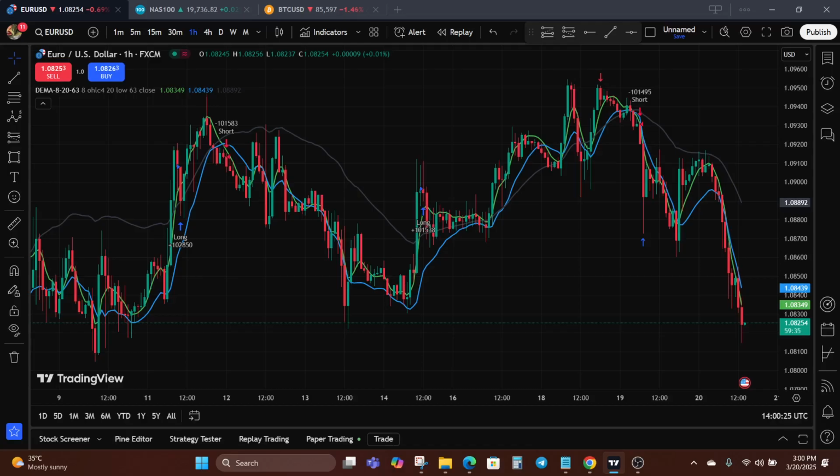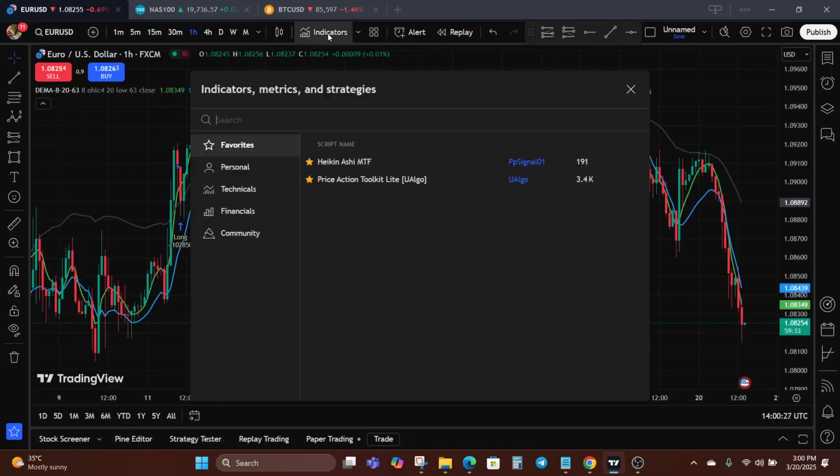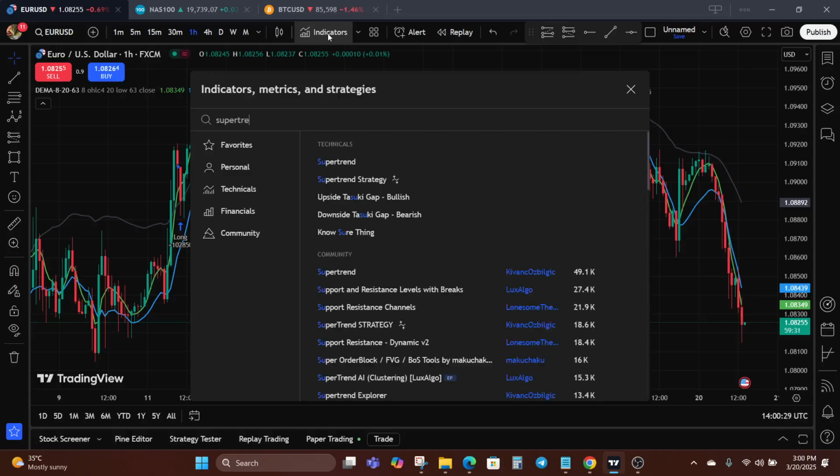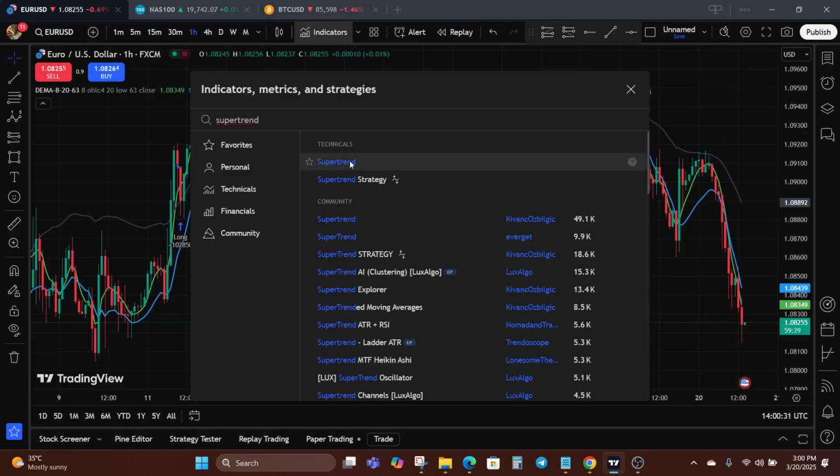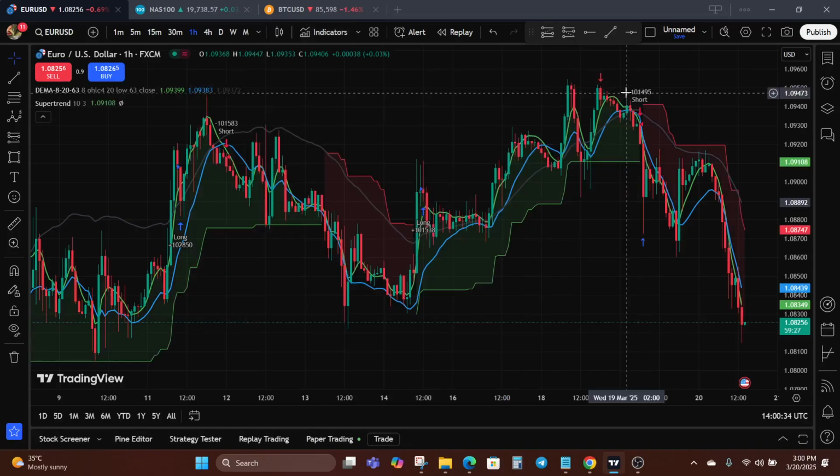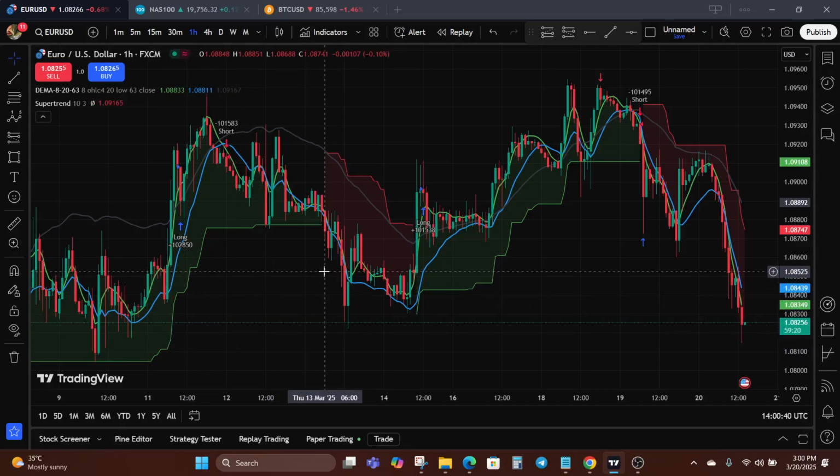Next, let us talk about the SuperTrend indicator. The SuperTrend is actually a trend following indicator that places a line above or below the price.